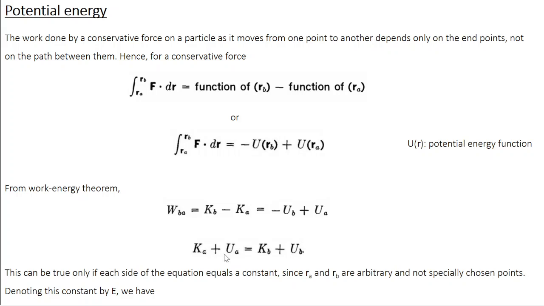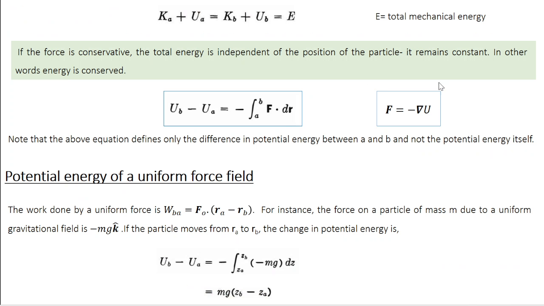So let's call this constant capital E, which is nothing but the sum of kinetic energy and potential energy. There is another name to it. This is the total mechanical energy. So now my equation becomes Ka plus Ua equal to Kb plus Ub, which is equal to E, that is a constant.